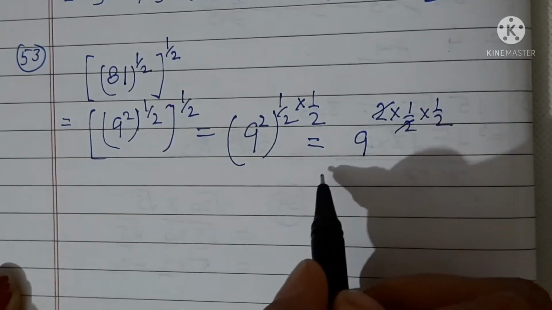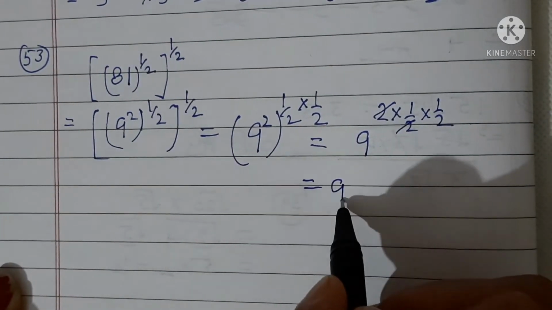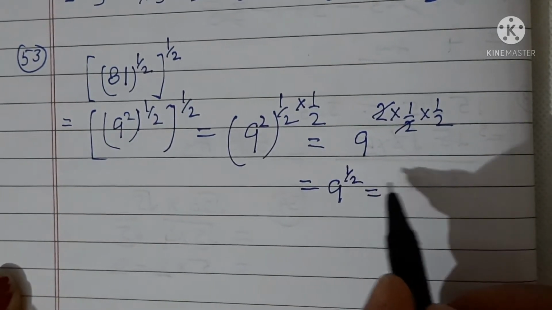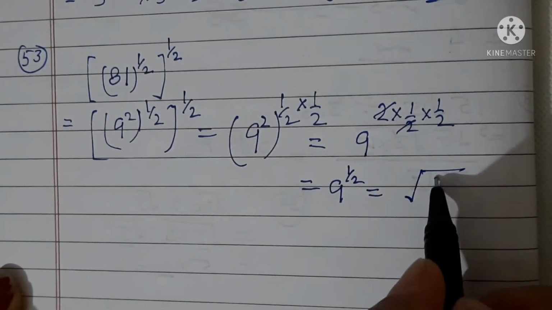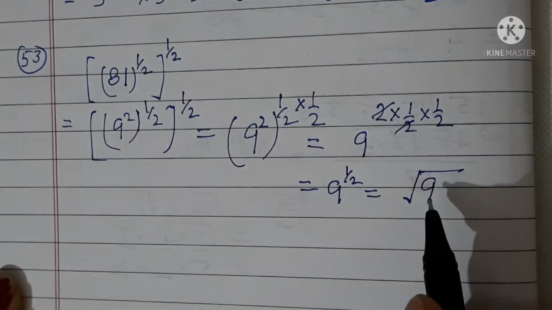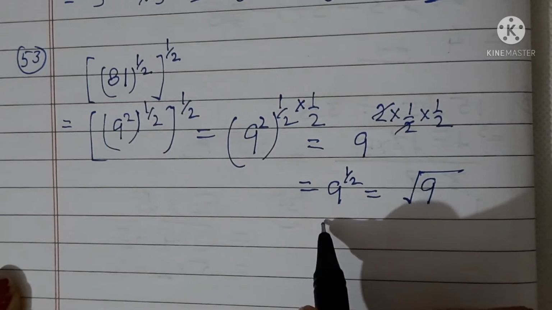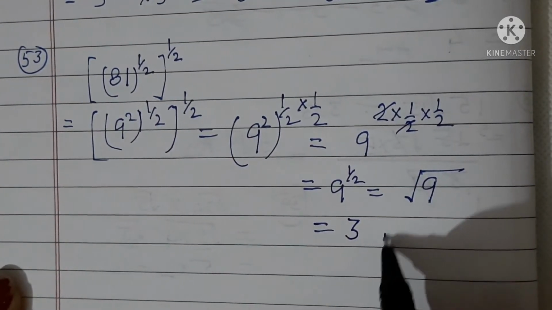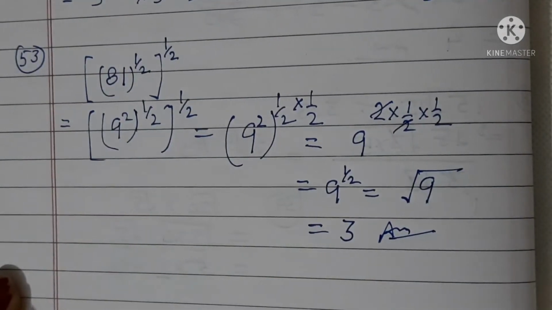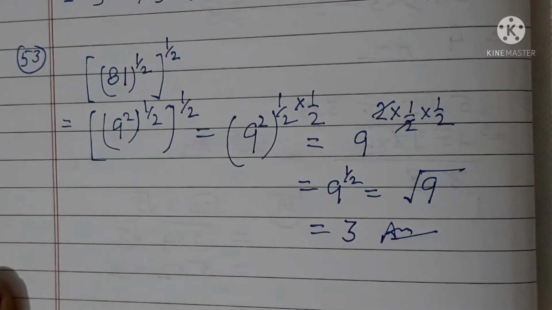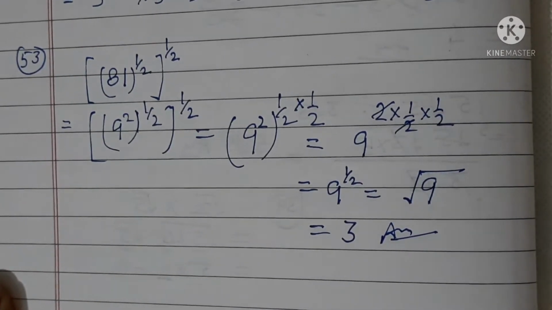This 2 will be cut. You can write it 9 to the power of 1 upon 2. It means you can write it under root 9, because power 1 upon 2 shows root of any number. Now 9 is a perfect square, so you can write it 3. Answer. So for question 53, option A is correct.